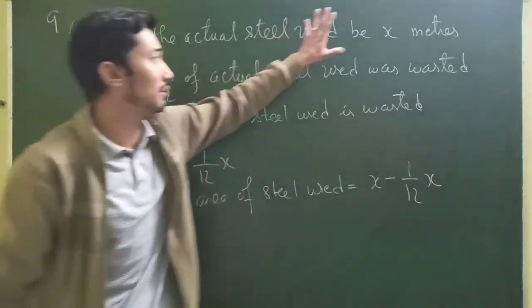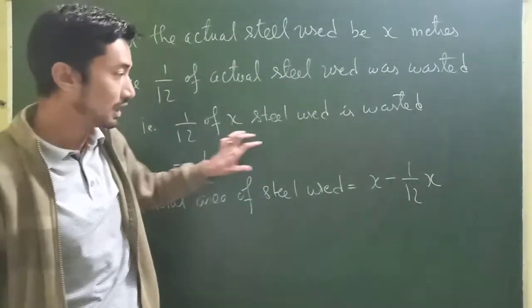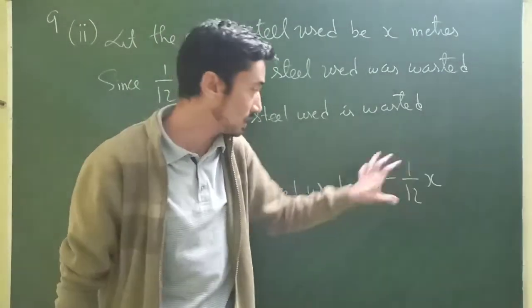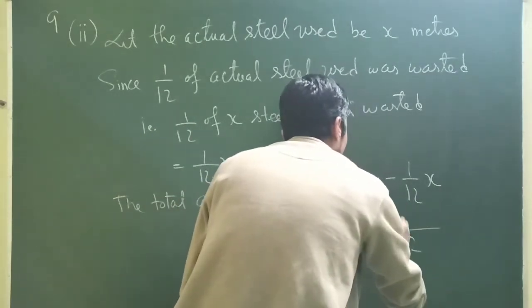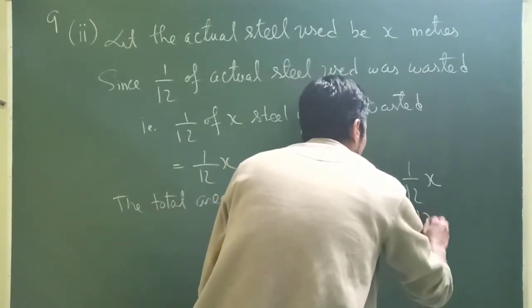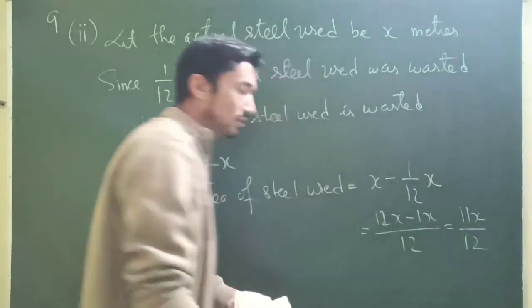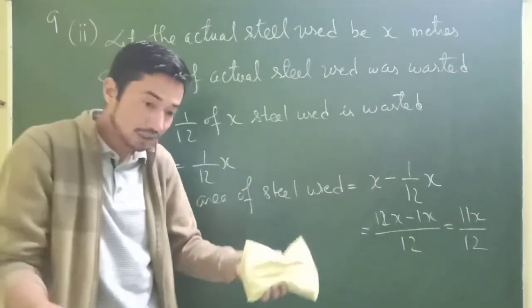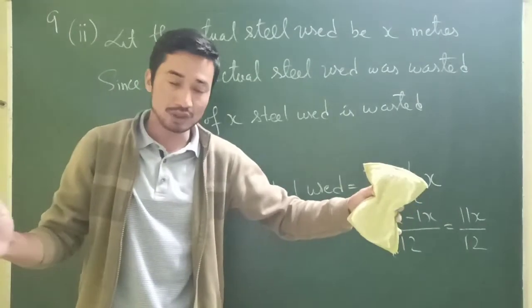From the x meters, 1 by 12 of x is wasted, so by simple calculation, 12x minus 1x, that will be 11x by 12 is the steel that was actually used.